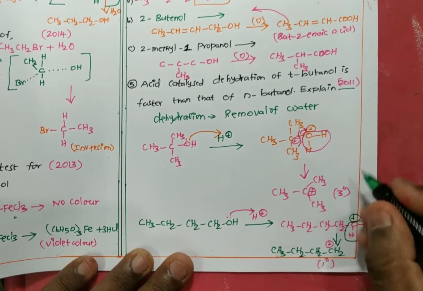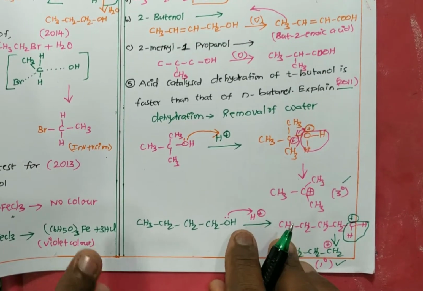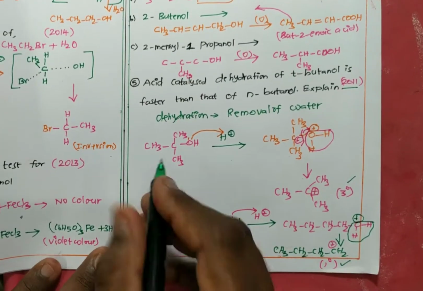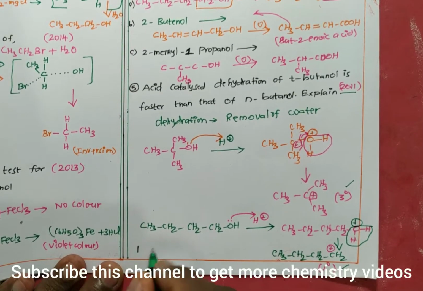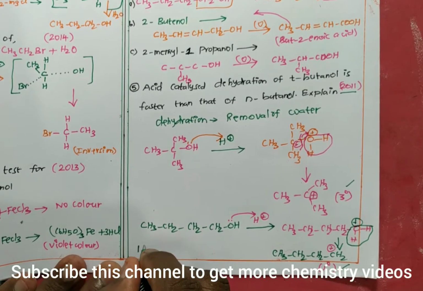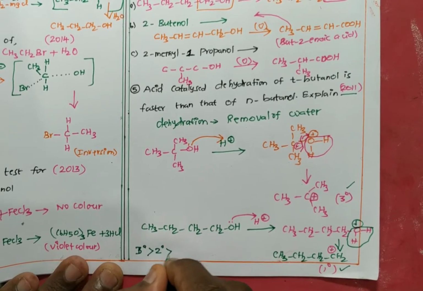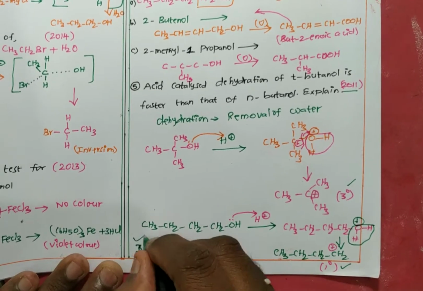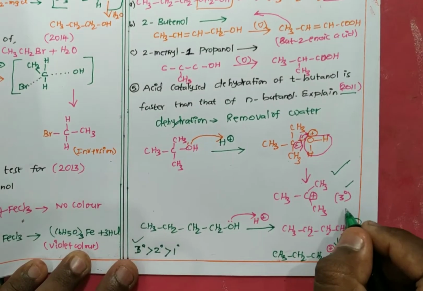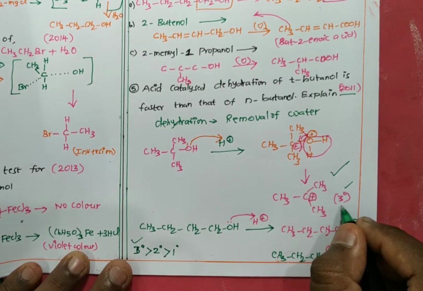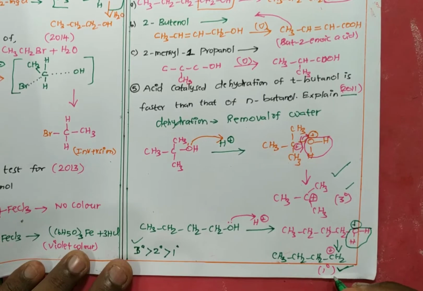So as we know, between 1 degree carbocation and 3 degree carbocation, which one is more stable? 3 degree carbocation is more stable. According to the carbocation order of stability, usually 3 degree, then 2 degree, then 1 degree. According to that, this will react very fast because it forms a 3 degree carbocation. It reacts much faster when compared to this one, because this one forms an unstable carbocation.